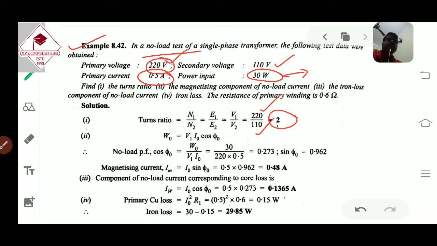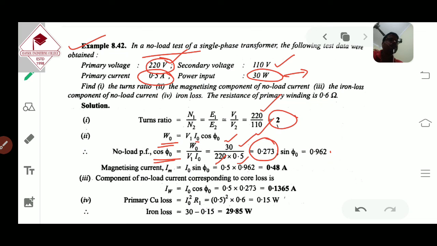Okay, fine. Now for this w naught, this is equal to v1 I naught cos phi from the formula. So from here cos phi naught we can easily find. We know this w naught is given 30, v1 is given 220 and the I naught is 0.5. So this is the value for power factor, that is cos phi naught.